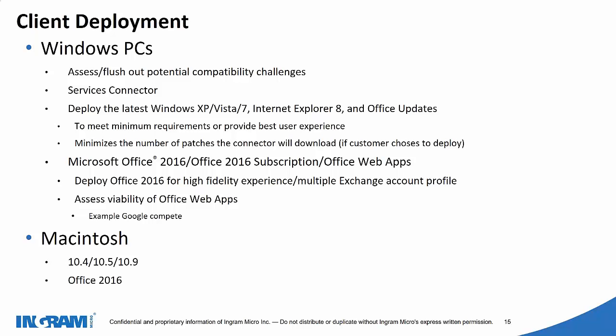And obviously pre-deploy the latest Office, that is Office 2016, Outlook 2016, on all the client machines before initiating the migration, so that they will have the complete client software available on their systems.